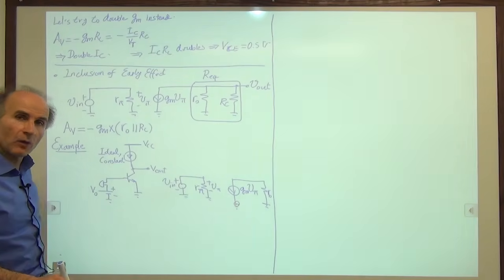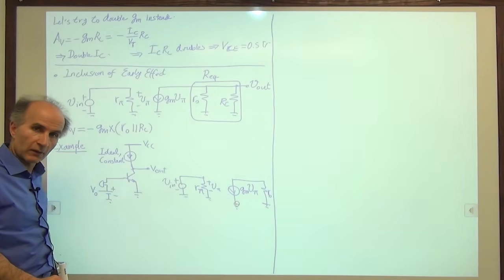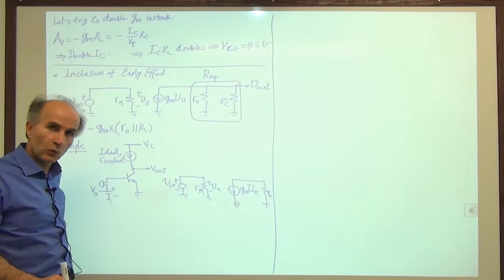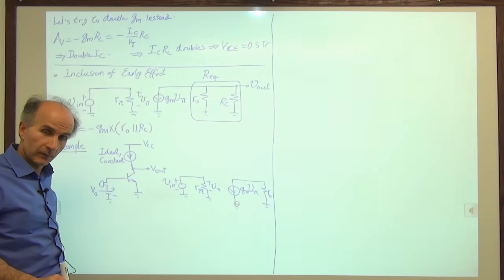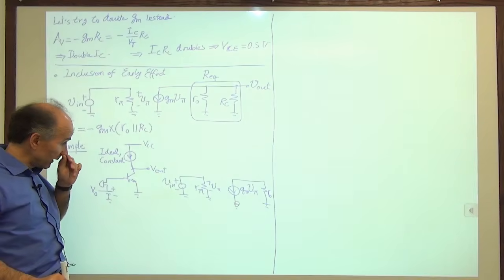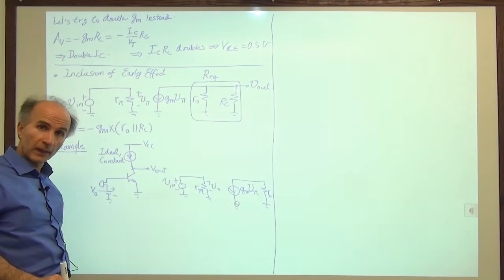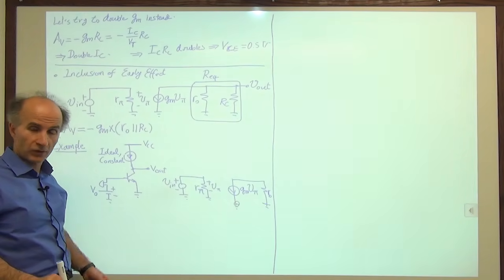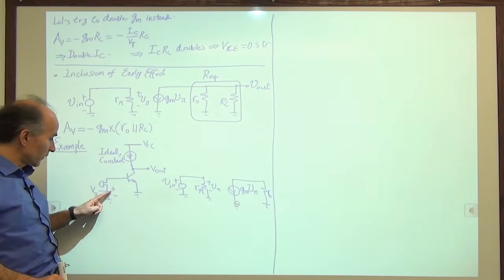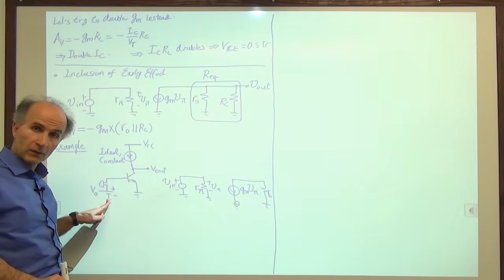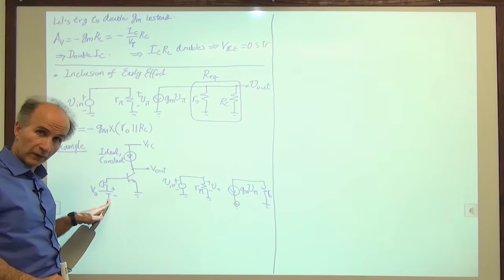Well, we said that the small signal equivalent circuit represents quantities that change with time. If a quantity does not change with time, it is replaced with 0 because it changes 0. A voltage source that becomes 0 is a short circuit, is a wire.